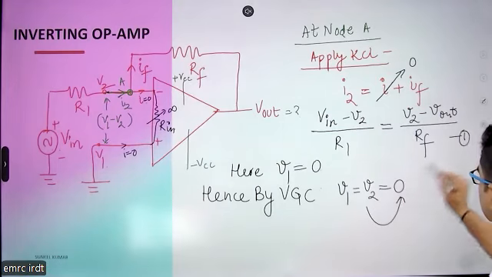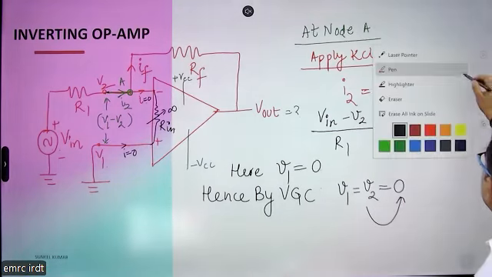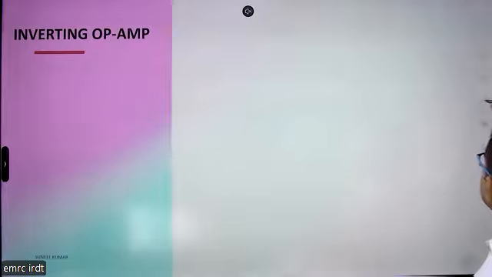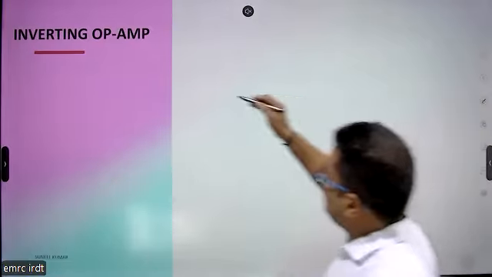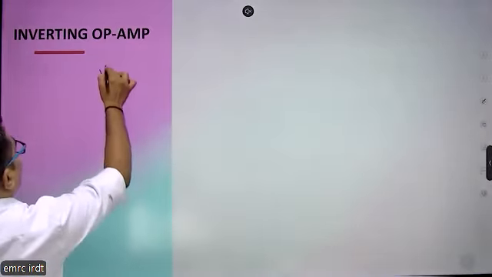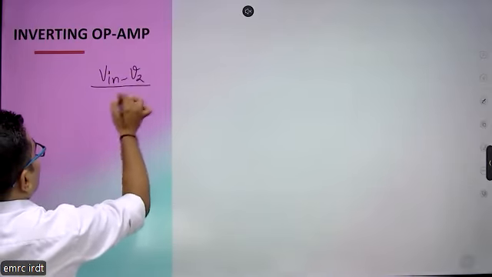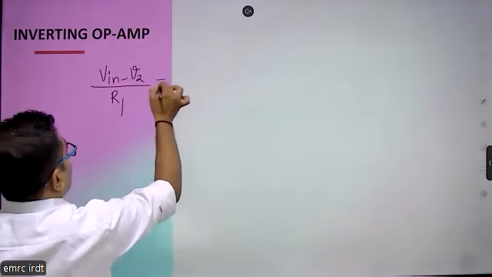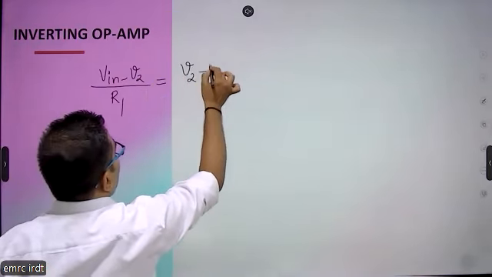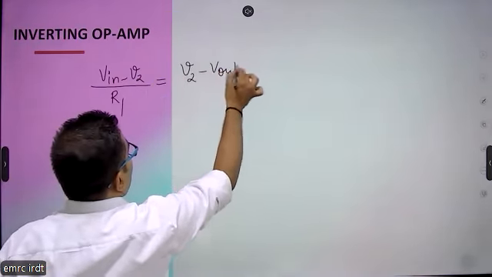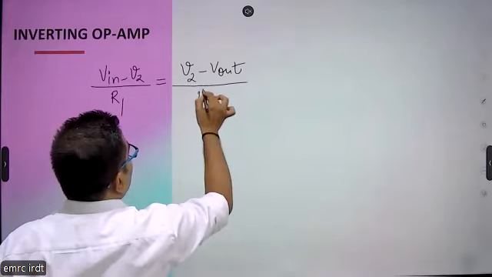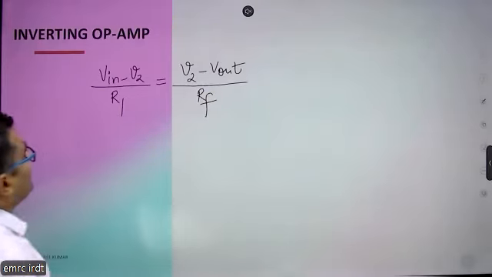Now we put this value in equation number 1. We have V input minus V2 divided by R1 equal to V2 minus V output divided by RF.